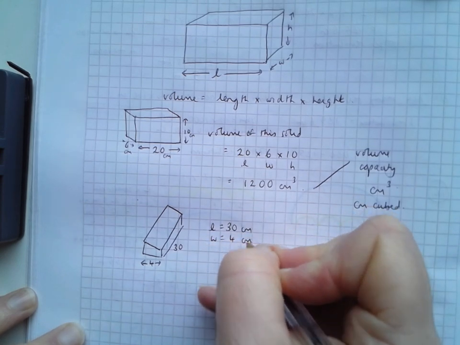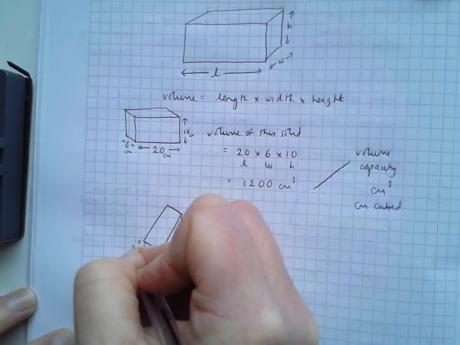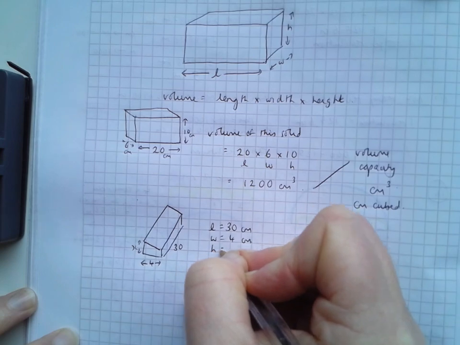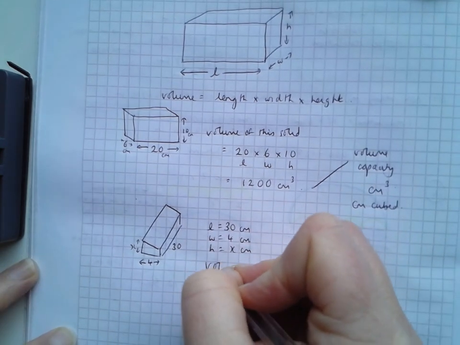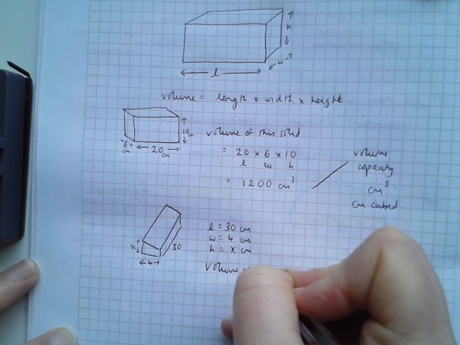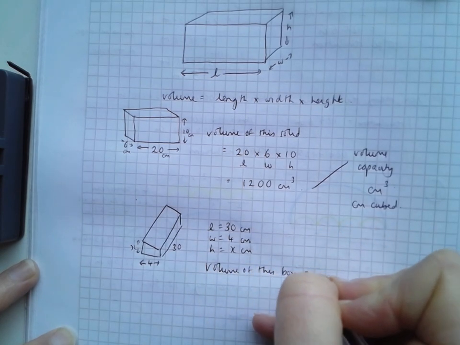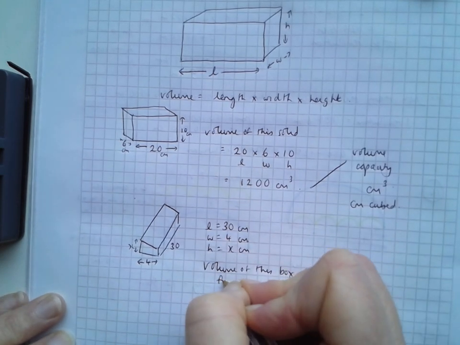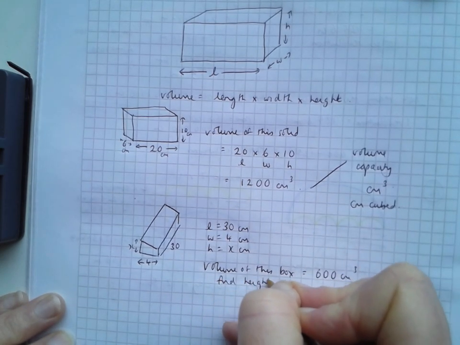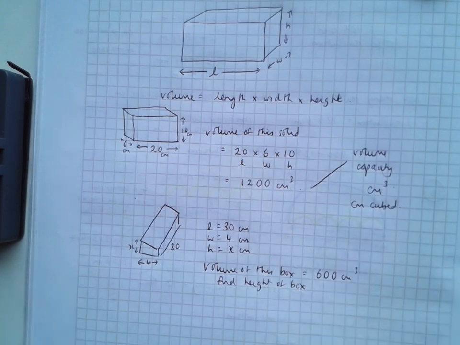And we're not told what the height is. The height is x centimeters. And say we were told that the total volume of this box is 600 centimeters cubed, and we're asked to find the height of the box. Okay, so that might be a problem we're presented with.